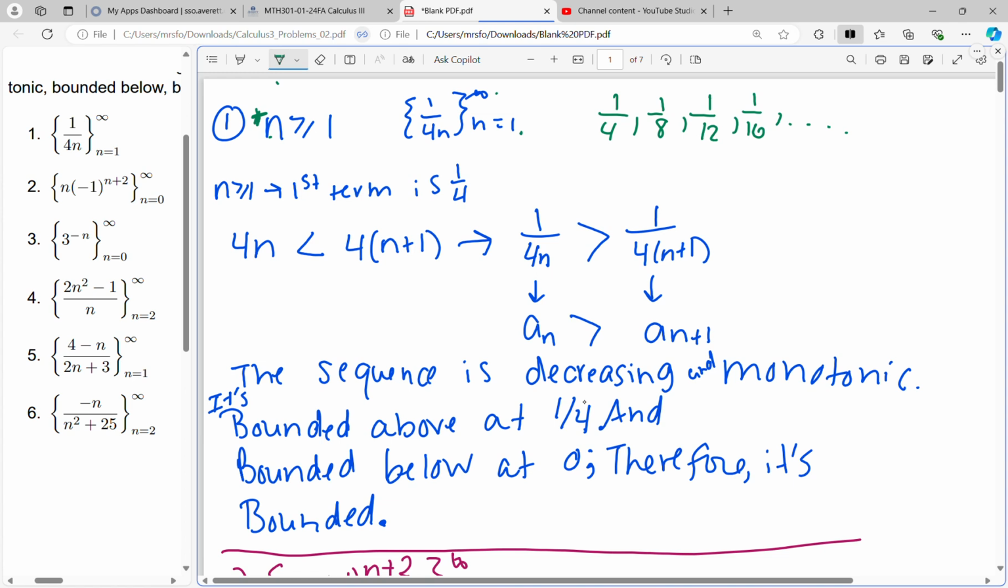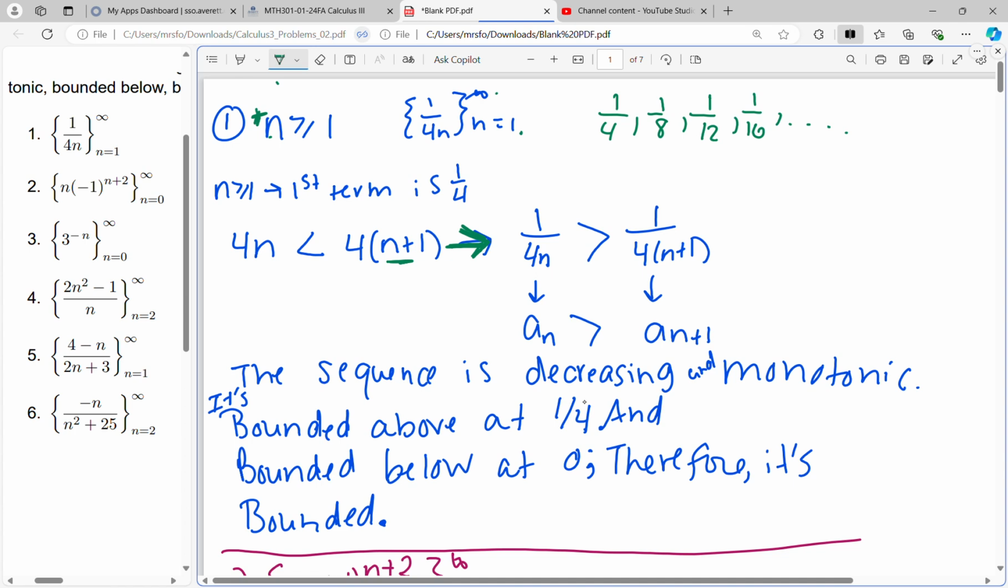We can look at this and see it's decreasing. But let's also talk about why. So if I know that 4n is less than 4 to the n plus 4 times n plus 1, because this would be n and then the next term would be n plus 1, then when you flip it, you have the reciprocal, so instead of 4n less than, this is going to be 1/4n greater than.